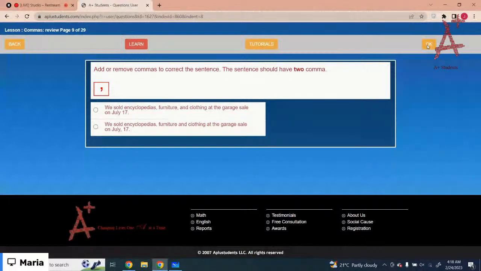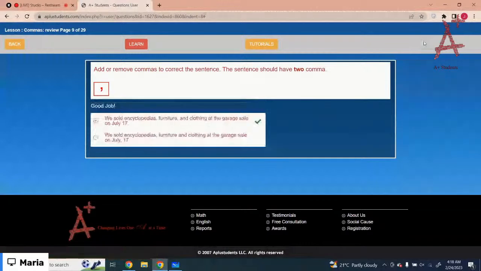So option number two is the correct option. You have to look for the dates. You have to put a comma after the date. So that would be, I think, option number one is the correct option, not two. Got it? Yes, option one is the correct option.